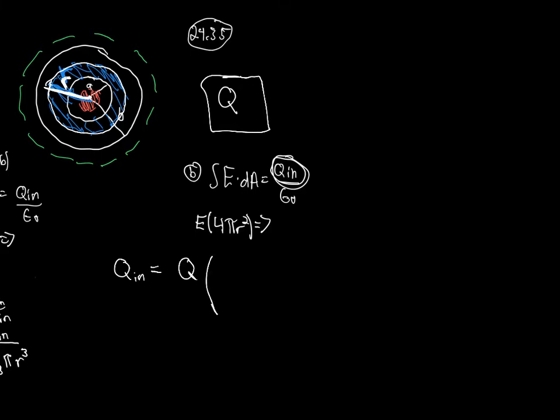So how much volume am I taking up? Where is that charge actually spread? Anybody? Same thing we did before. 4/3 times pi times r cubed minus 4/3 times pi times a cubed.